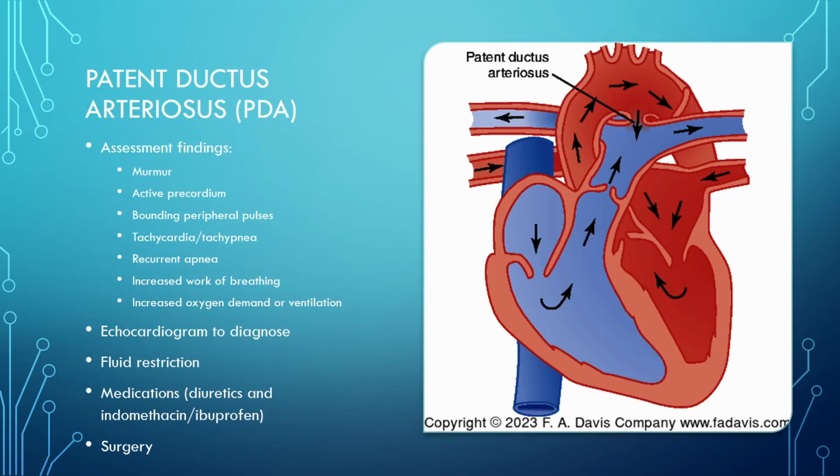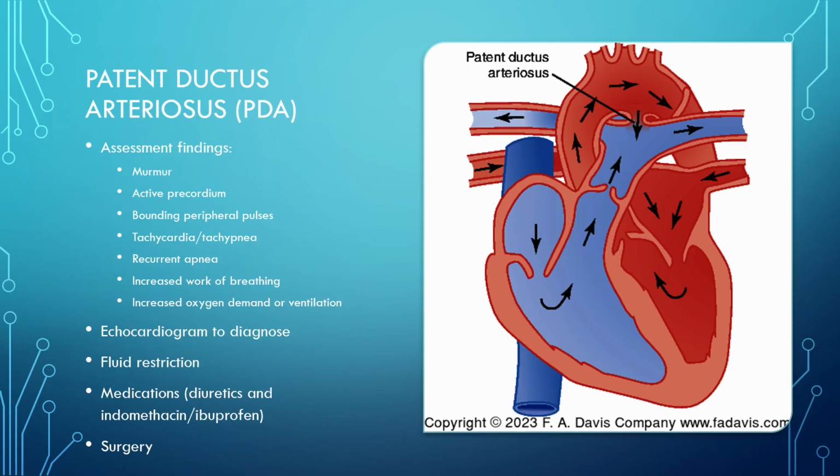Okay, a PDA, a patent ductus arteriosus. This should be a review from PEDS. So here, if you look at this picture, it shows you where the ductus arteriosus is. It's right coming off of the aorta into one of the pulmonary veins. That should close, but if it stays open, it is now a patent ductus arteriosus.